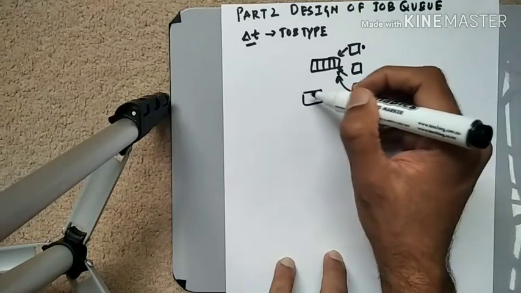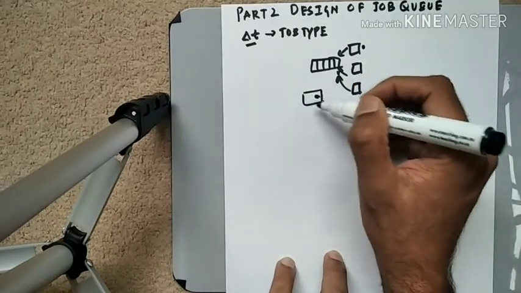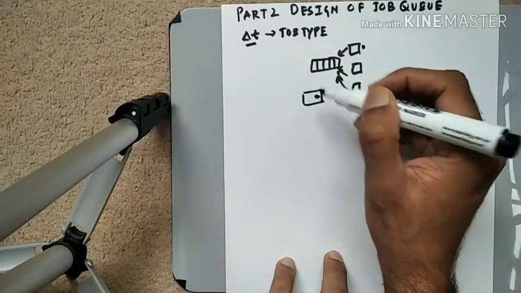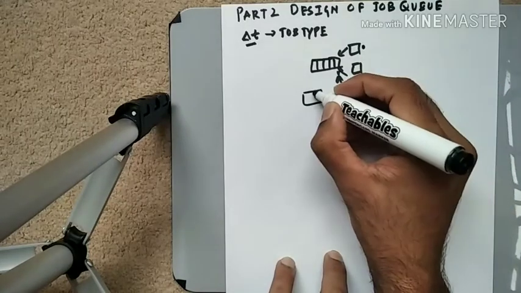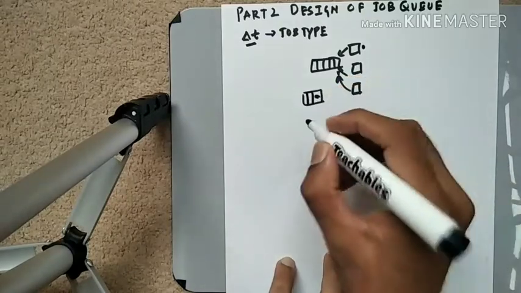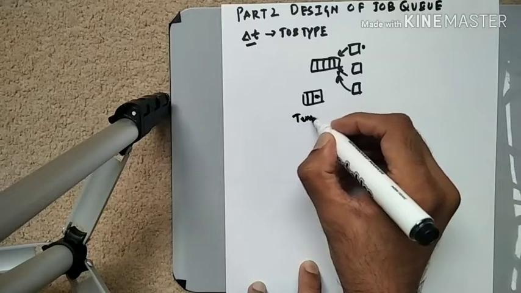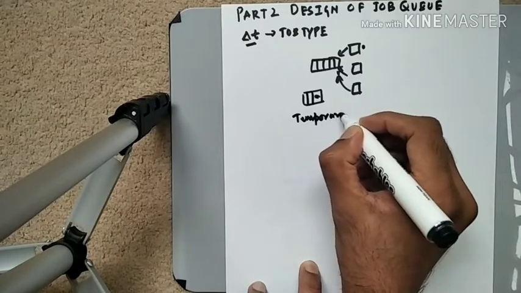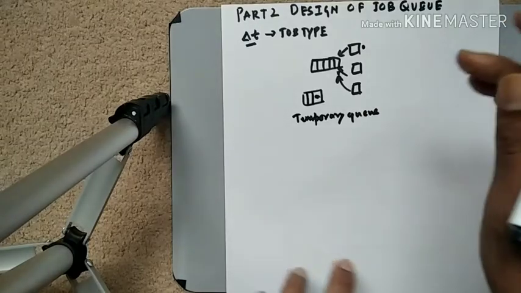We might want to queue such jobs so that we can recover them and push them back onto the job queue in a first in first out manner. So this store has to be a queue. We'll call this a temporary queue. It's essentially a temporary storage.